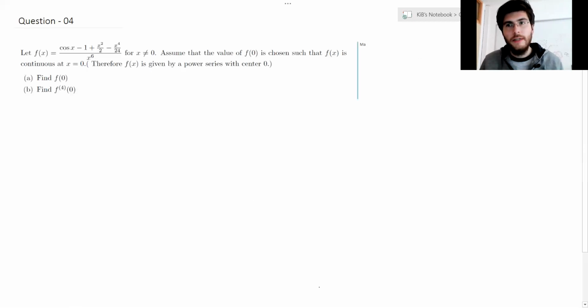Okay, next one. So next application. Let's try to use again Taylor and Maclaurin series. So what kind of application do we have? In this case, a limit problem, and by using series representation, we can deal with this kind of limit problem.